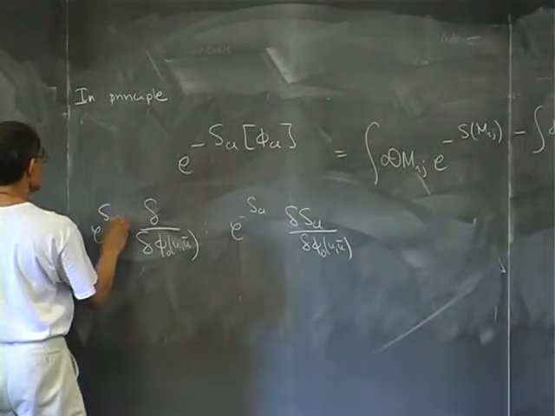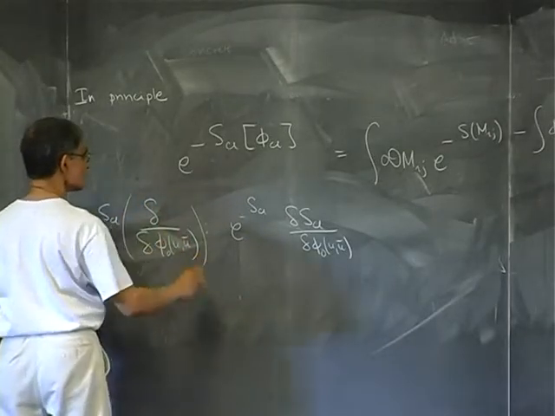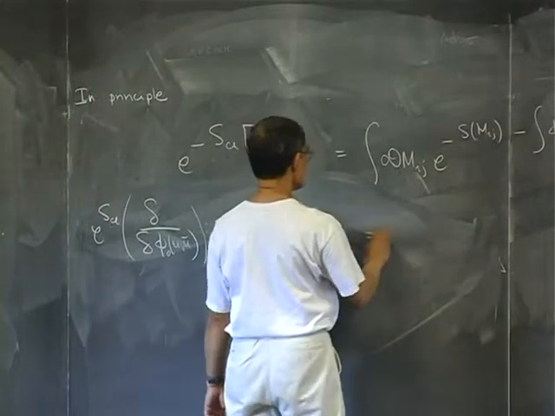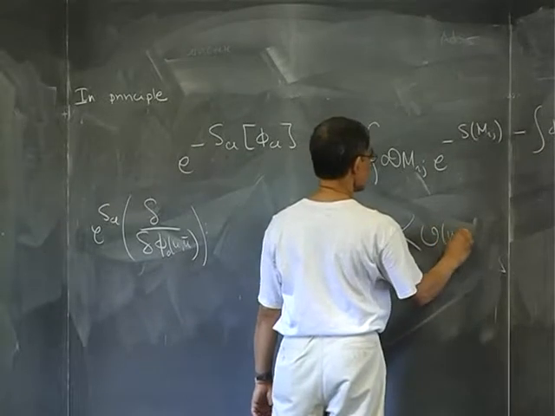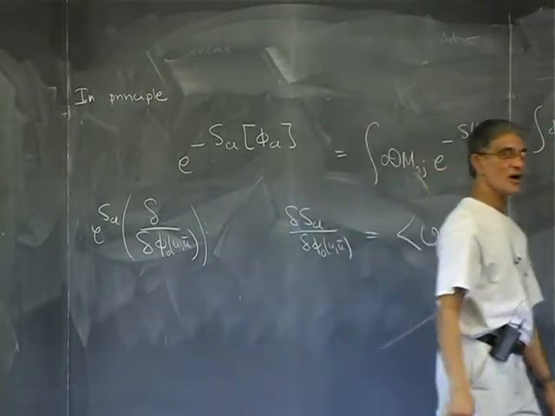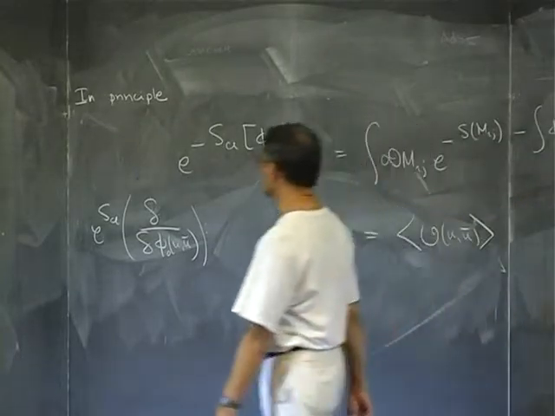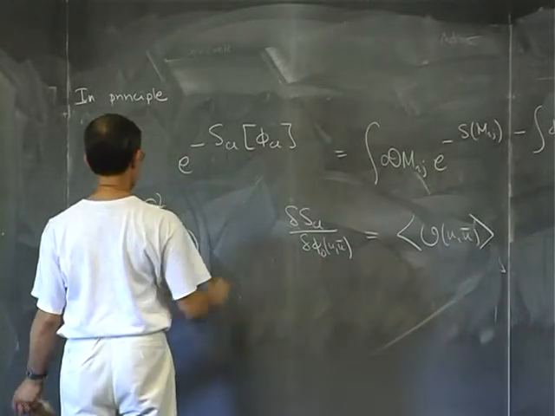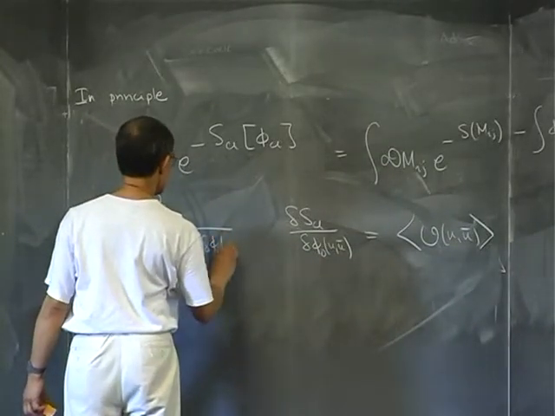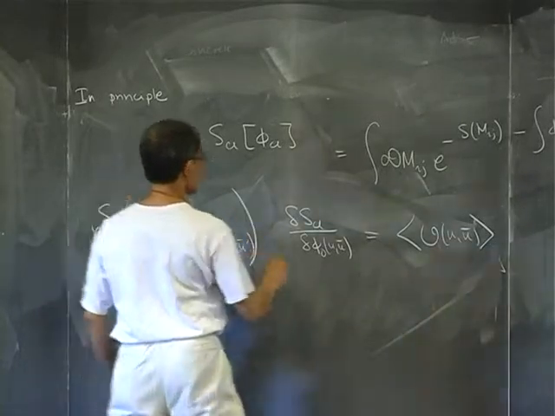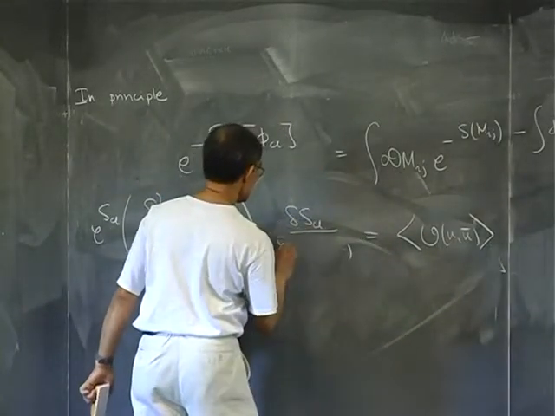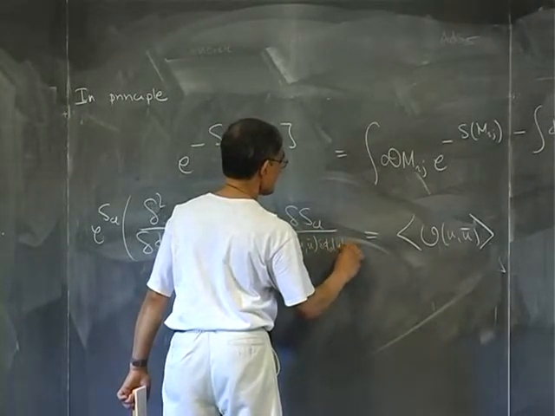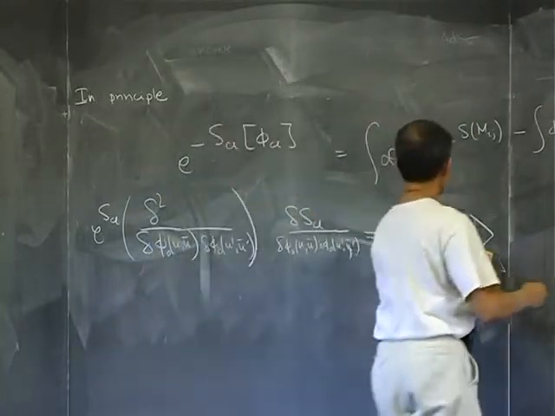I can do e to the s classical times this operation, then this thing goes away, and that becomes just the expectation value of the operator u bar. And you can take two derivatives of this, del phi 0 u bar, del phi 0 u prime u bar prime. This gives a 2-point correlation function.